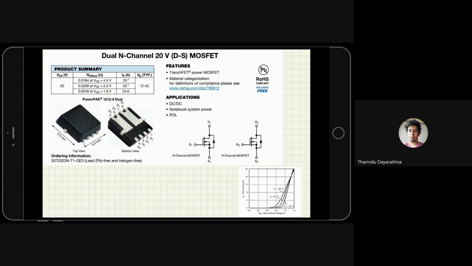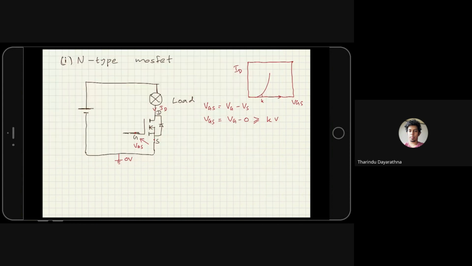So the thing is, if the VGS is more than that voltage, as an example, let's say K, this K is an example, 1 volt. If you apply more than 1 volt here, this circuit will turn on, this bulb will turn on.